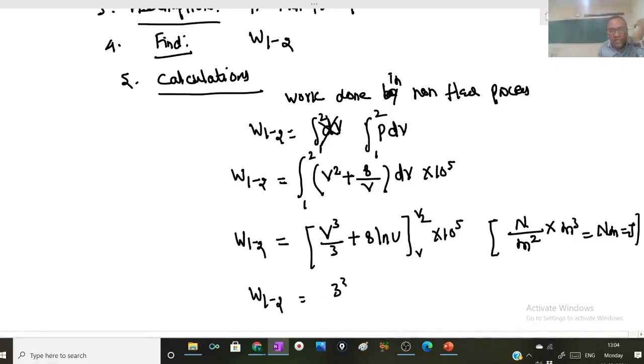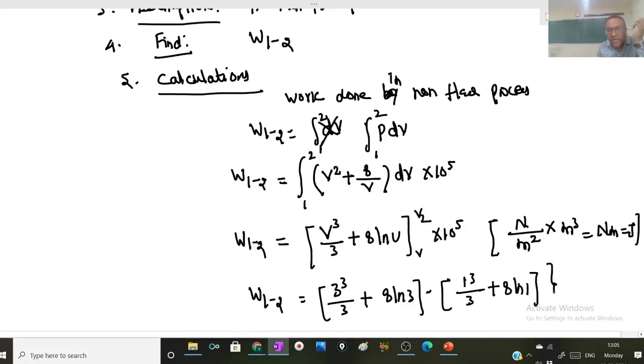It will be 3 cube by 3 plus 8 log 3, minus 1 by 3 plus 8 log 1. This entire quantity is multiplied by 10 to power 5 and unit will be joule.